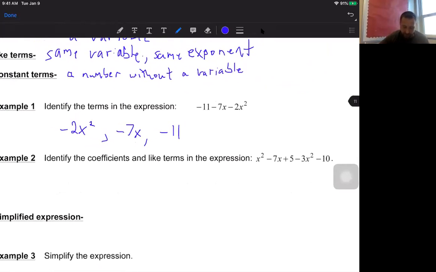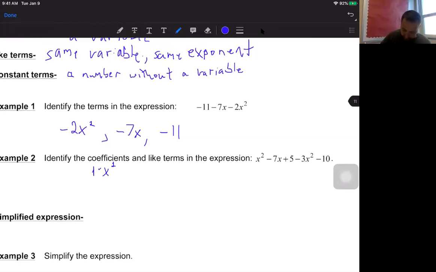So when we look at example 2, it says identify the coefficient and like terms in the expression. Okay. Well, a coefficient is any number that's in front of a variable. So when we look here, our coefficients, I'm going to put right underneath where it says coefficients. We have a 1 that's in front of our x squared.